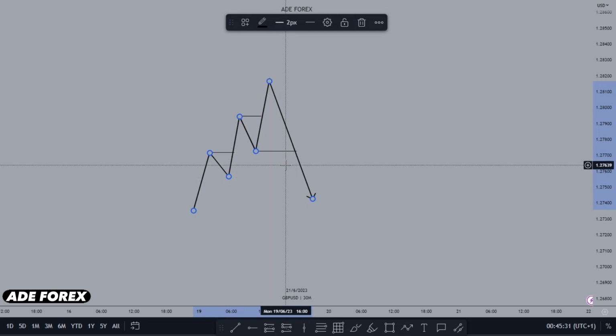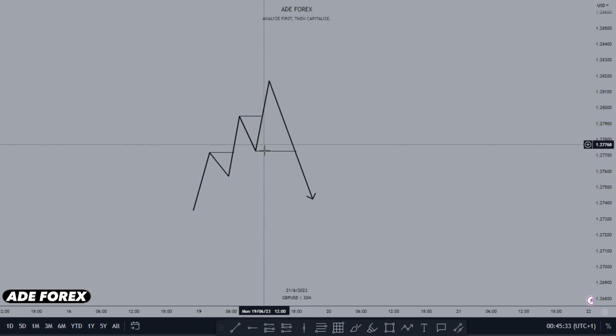That's why I call it trend change. But some people call it change of character, because we had a particular character, but then we changed character to the downside. And then some people call it market structure shift, because the market structure was bullish, but then we shifted to the downside.